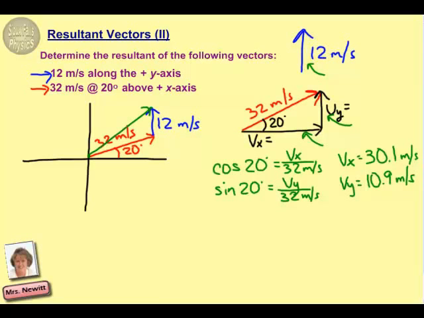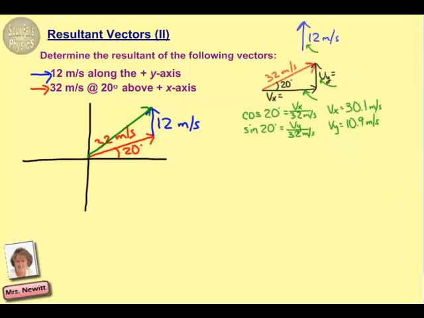Those two together will provide the vertical component for our resultant. So now we can draw a more detailed diagram of what the resultant's going to look like. And again remember that over here on our initial diagram, we have a general picture of what it's going to look like. We know it's traveling to the right and it's traveling up.